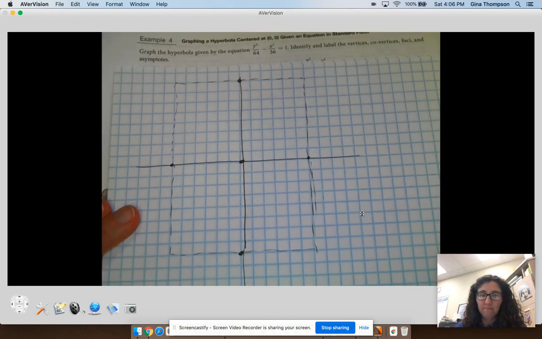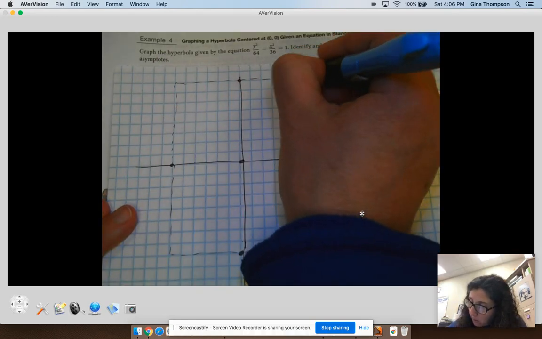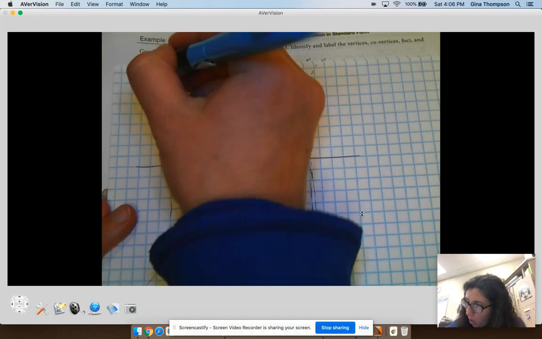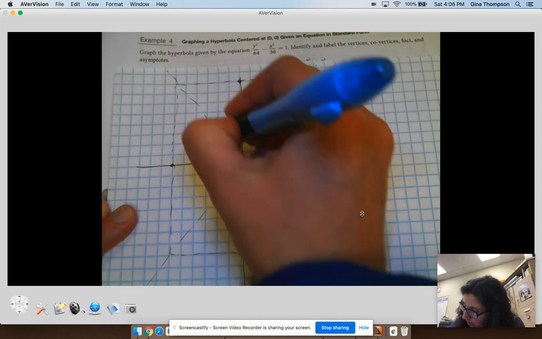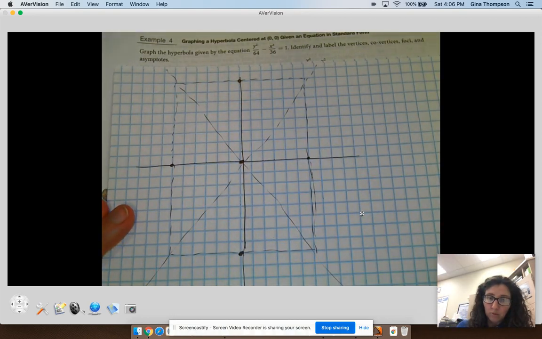Okay? And now I'm going to make a line that goes through the center and through the corners of this box. Those are my asymptotes. Okay?